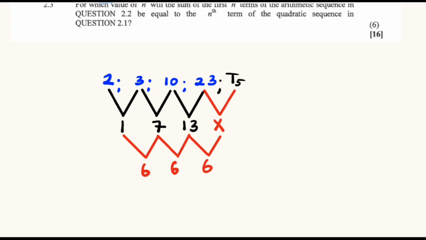To determine x, we can realize that the 7 plus the 6 is equal to the 13. So we expect that the 13 plus the 6 will give us the value of x. So 13 plus 6 will be equal to 19.